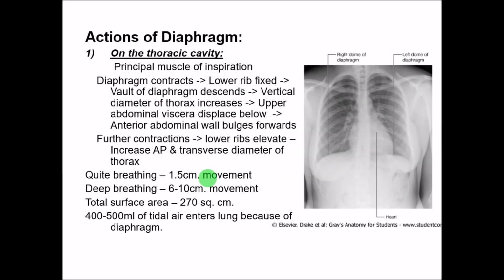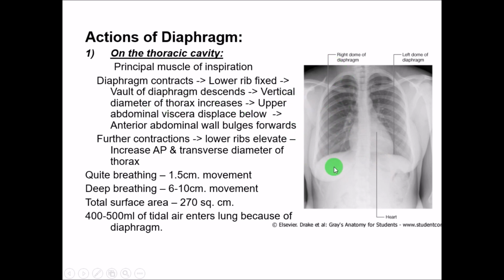Coming to the actions of the diaphragm, one is on the thoracic cavity itself. As you know, this is the principal muscle of inspiration. Whenever the diaphragm contracts and moves downwards, it leads to fixing of the lower ribs. Then the vault of the diaphragm, the central part, descends downwards.